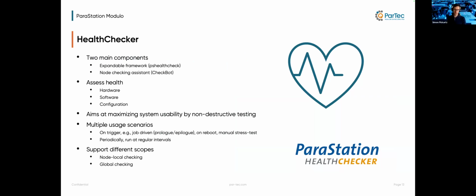In terms of that, we minimize the likelihood of any node failures during job execution. The health checker is mainly composed of two components. So on the one hand, we have the expandable framework, which allows us to define different tests and checks and their dependencies to a certain extent.